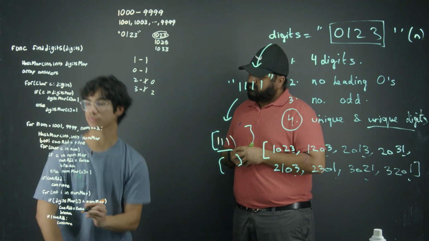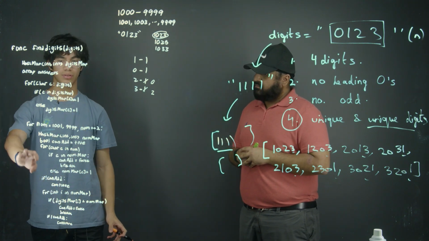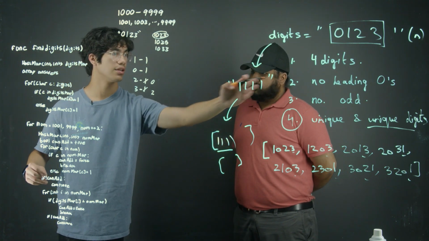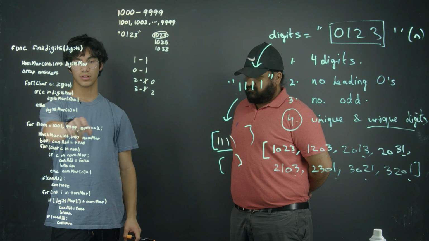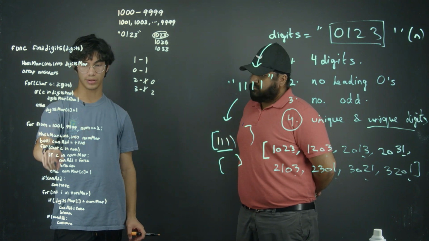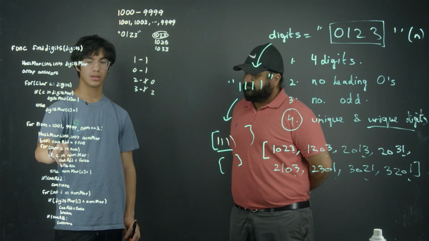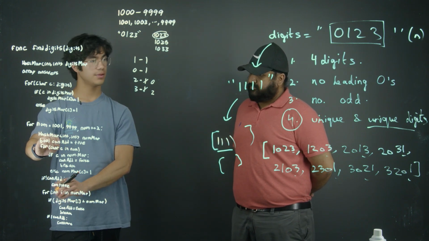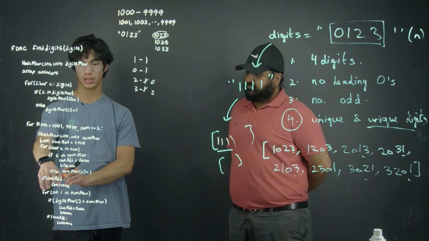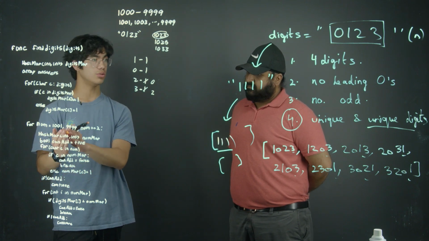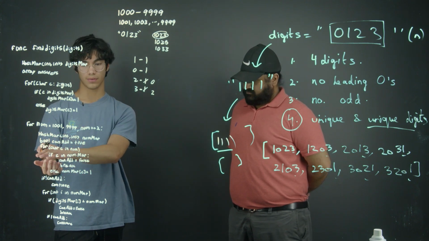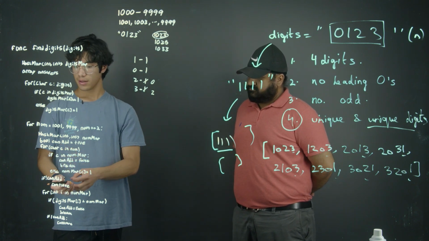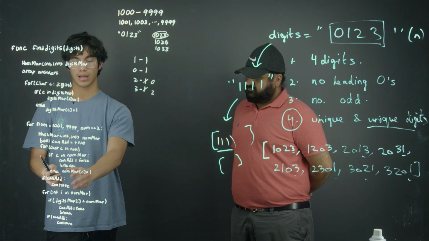Yeah, so I'm just going to re-go over what we're doing in this map. So we already know that these three conditions are satisfied since we're going through the 4-digit odd numbers with no leading zeros. Okay. And then what we're doing in here is we're checking, first, if all the digits are unique. And then we're also checking if we can actually construct it.